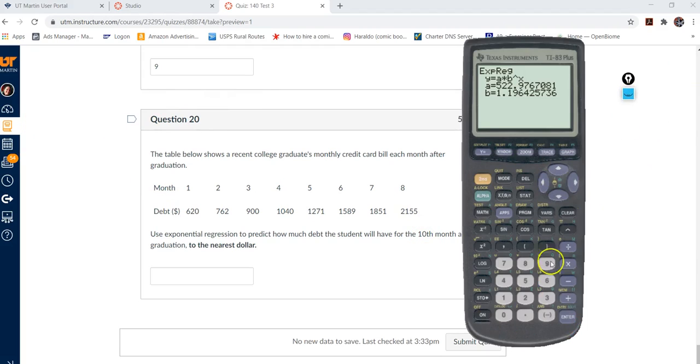So let me do it here. 522.9767 times b, which is 1.1964 to the power of 10. X is 10.